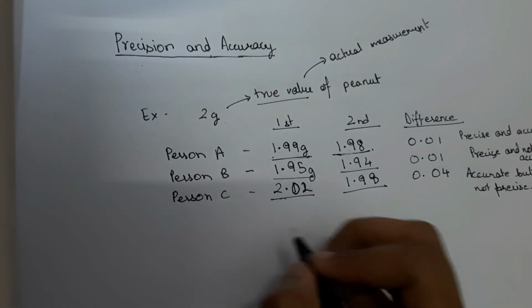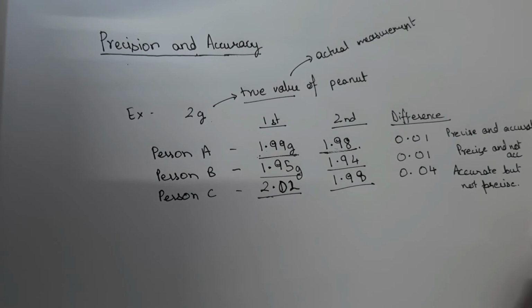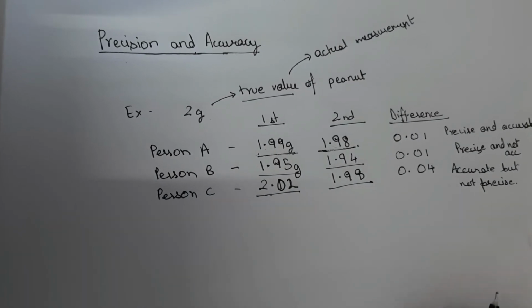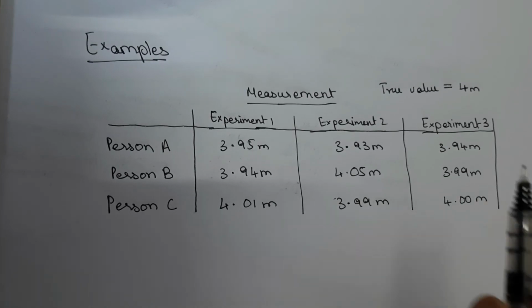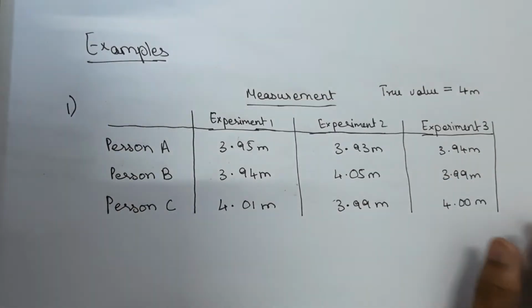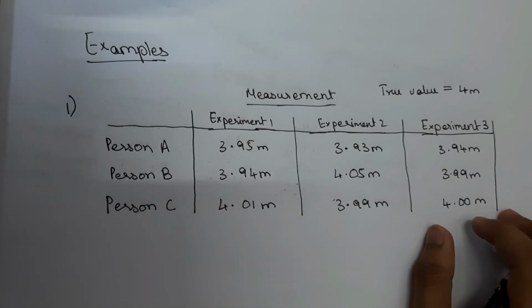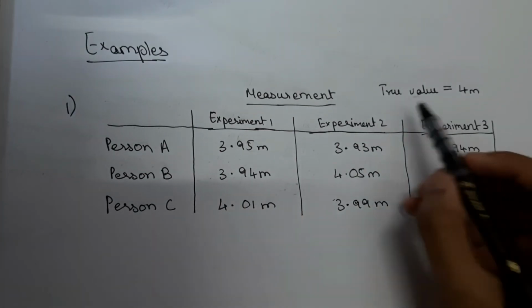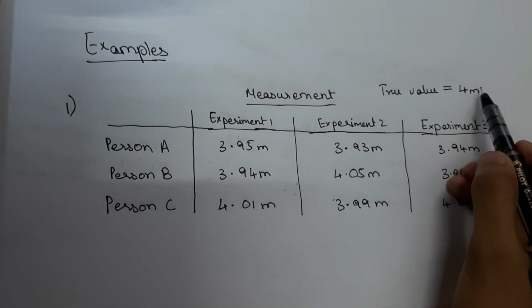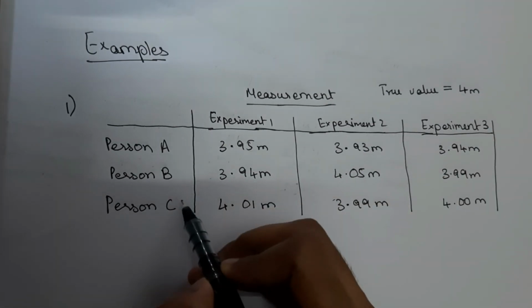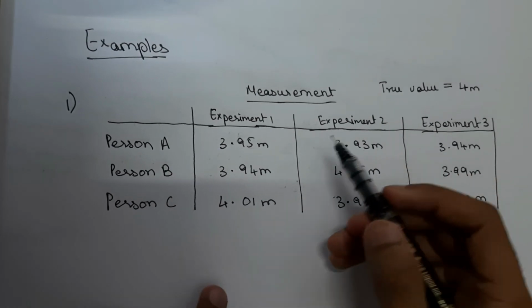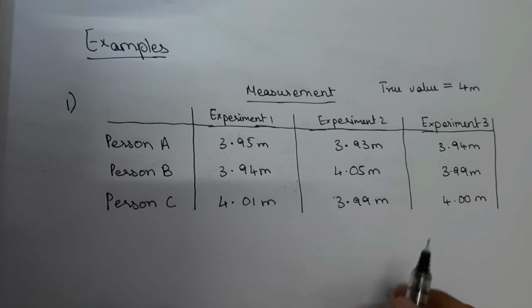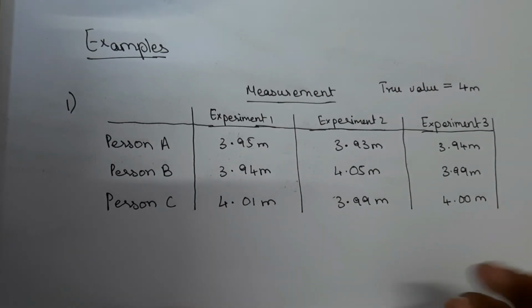Okay, hope you guys understood. And now let's move on to some examples. This is the first example, and I would like you guys to solve it. In this example, the true value of the physical quantity is 4 meters, and there are 3 people, and we need to find out who is accurate, who is precise, who is both accurate and precise, who is just accurate and not precise, like that, right?